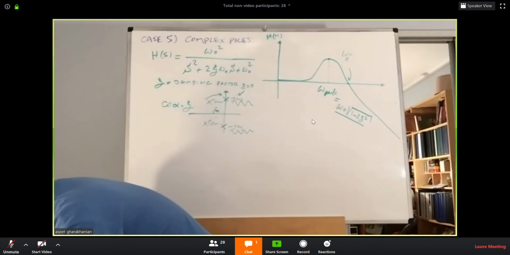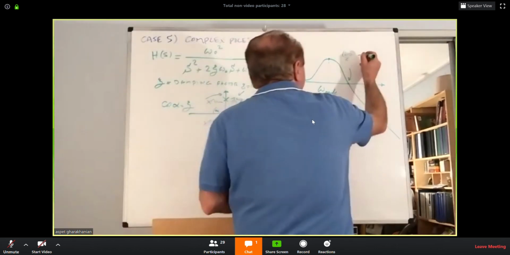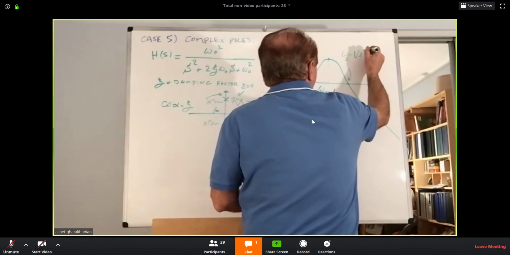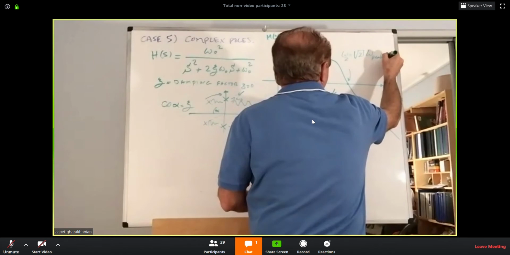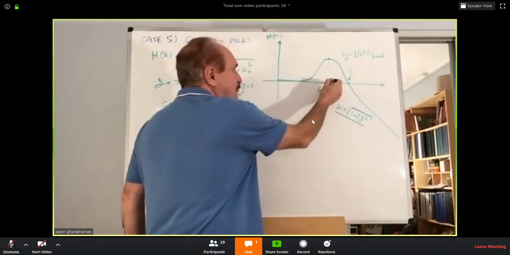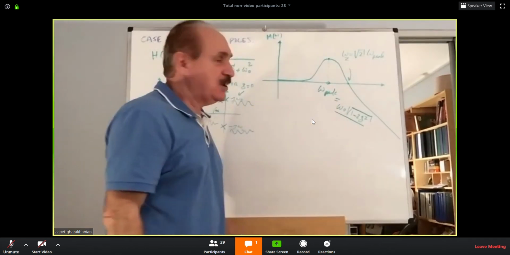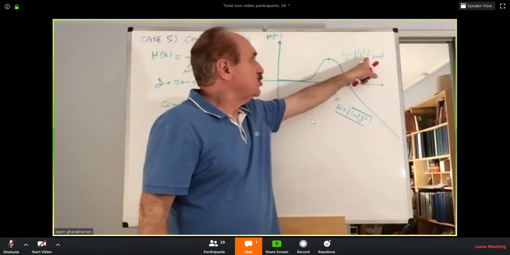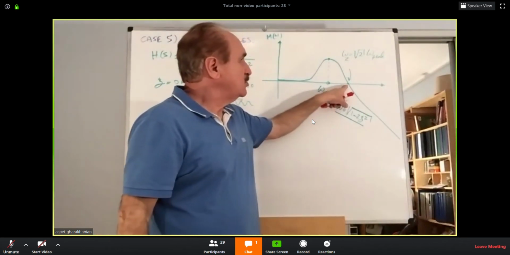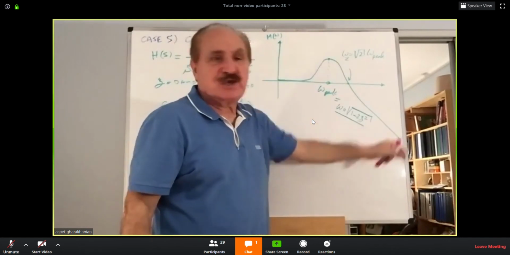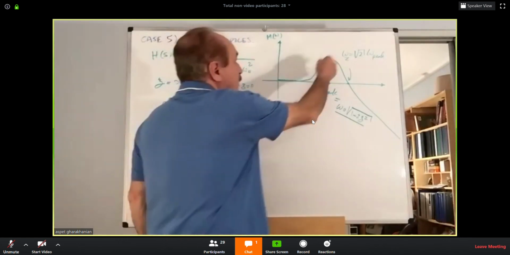It is equal to radical 2 times omega peak. Once you spot your resonant frequency, radical 2 times that, which is like 40% more, will spot the zero crossing of the frequency response curve.